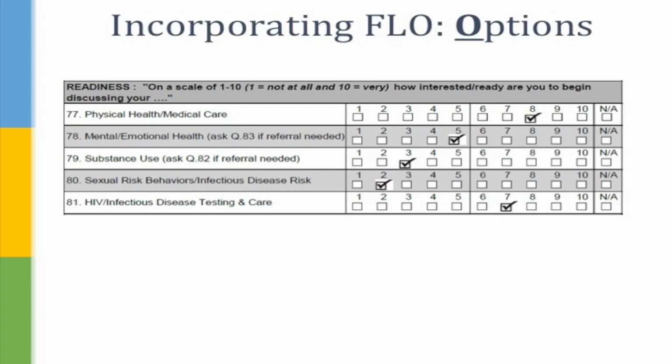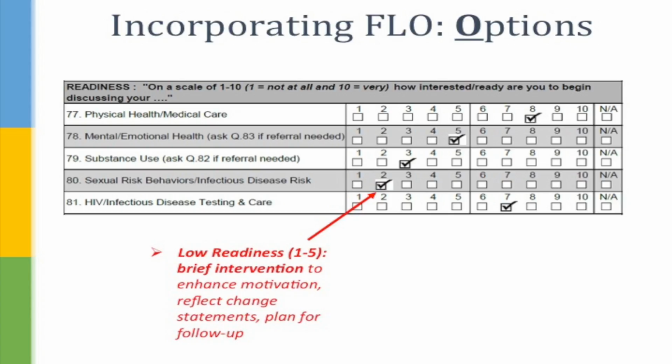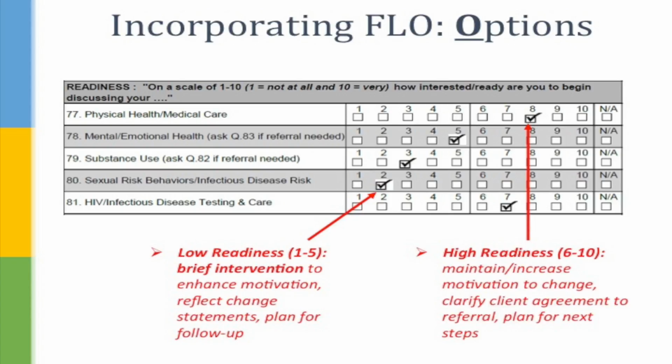So again, here's where you think about the readiness and incorporating it into the flow by looking at what's the number. So if they give you low numbers, then they're less ready. If they give you high numbers, then they are more ready to do something about this particular problem. And if they're low, you want to do more of a brief intervention, as was talked about in the last video.